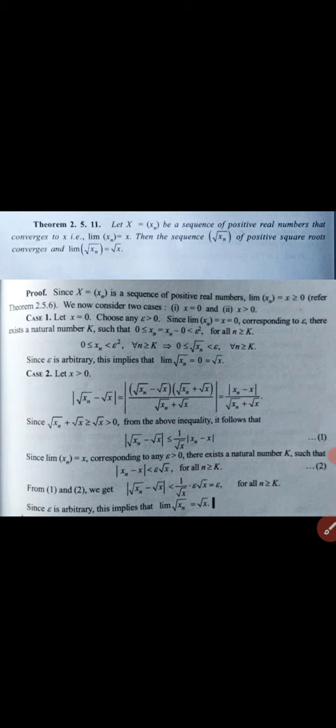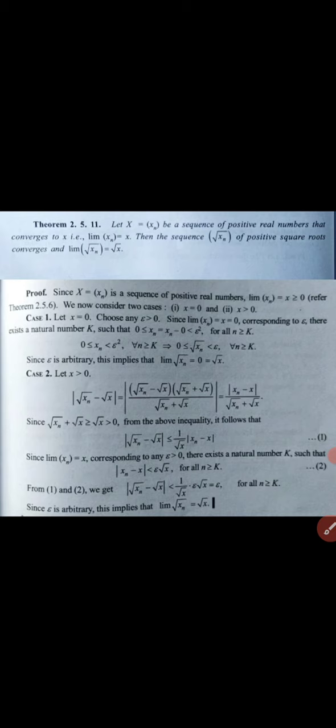Since root of xn plus root x would be greater than or equal to root x, which is greater than 0, from the above it follows that modulus of root xn minus root x would be less than or equal to 1 by root x of mod xn minus x.